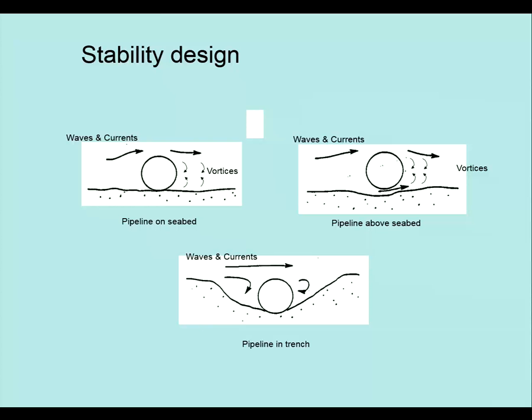Right. It's a good start. That's a pipeline sitting on the seabed, and it has a submerged unit weight. So make sure you know how to calculate that. Density of steel.